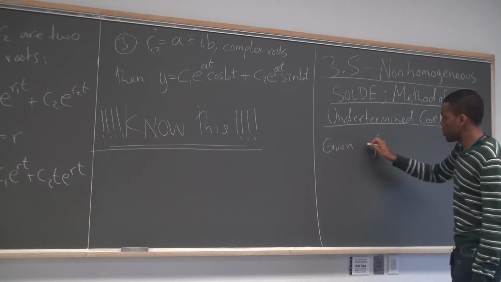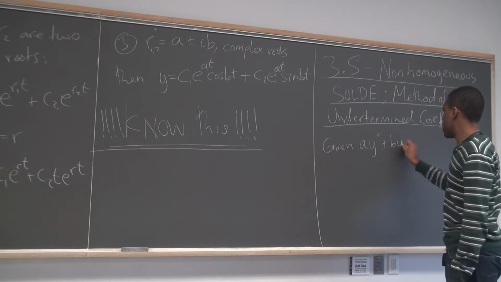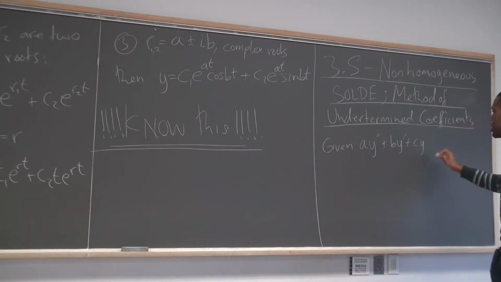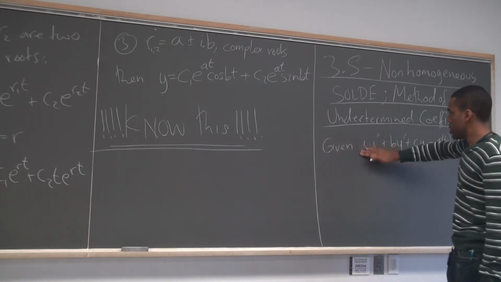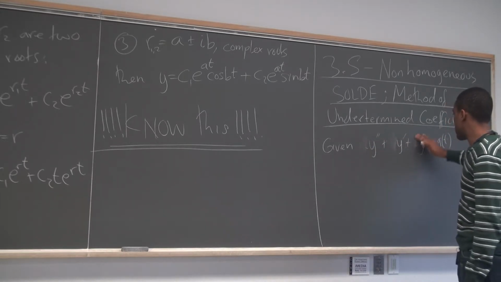Given y double prime plus p y prime plus q y equals g of t. Cool. It actually works more generally, so I should probably do this.